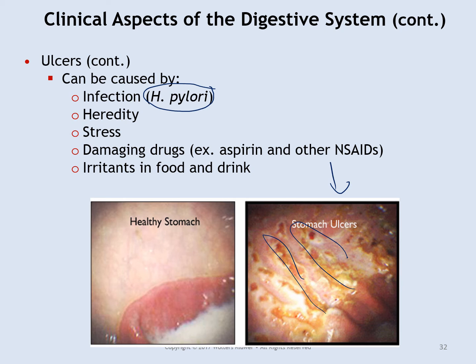Other things that will cause stomach ulcers: drugs can be a concern, especially NSAIDs, or non-steroidal anti-inflammatories. Hopefully you know that if you're ever taking Motrin or Tylenol or aspirin, you should always take that with a full stomach. You should always take it with food, because repeat exposure to NSAIDs will irritate the stomach lining and will increase your risk of developing ulcers.